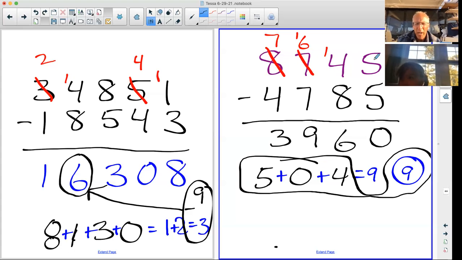The 3, but what did you do? Did you make the 4 a 14? Mhm. Did you borrow from the 7 to make it a 6? Mhm. Did you make the 6 a 16? Yeah. And did you borrow from the 8 to make it a 7? Yeah, I just made it a 7.